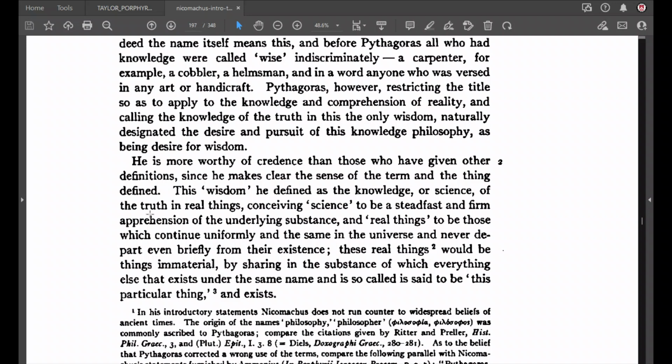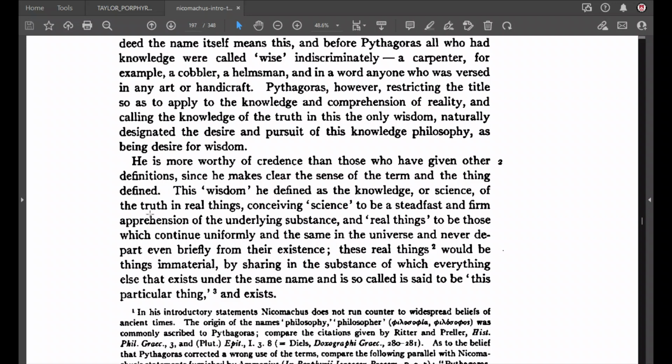Pythagoras is more worthy of credence than those who have given other definitions to philosophy, because he makes clear the sense of the term, the meaning of the word, that is, and the definition. Pythagoras' definition of philosophy is better because it makes sense of the word and of the idea.